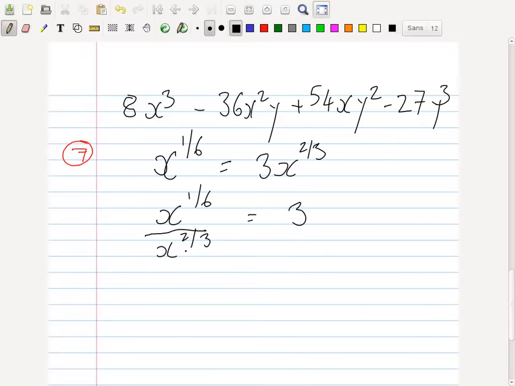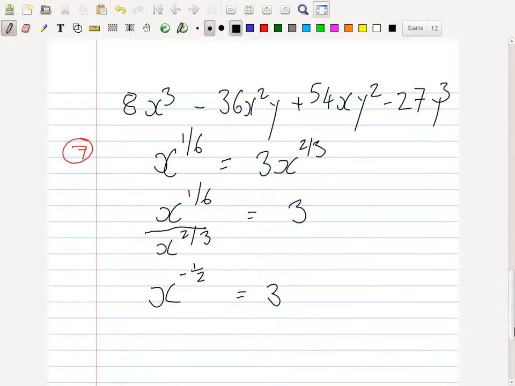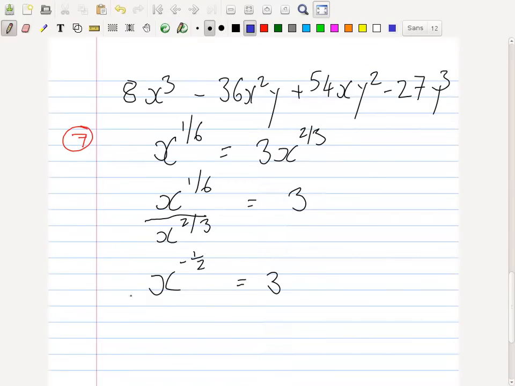Now, what do I do when I divide? I subtract. So 1 over 6 minus 2 over 3. That'd be 1 over 6 minus 4 over 6, which is minus 3 over 6, minus a half. Is that right? How do I get rid of that minus a half? Log would be okay, but there's an easier way.